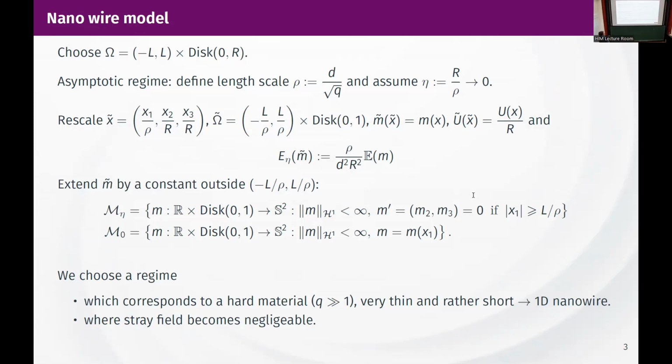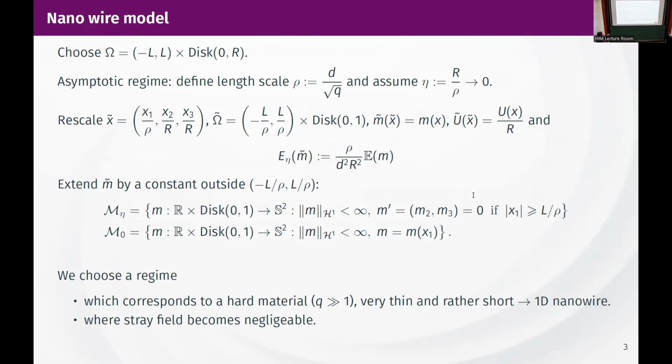So I will choose a regime where everything works, where I can do the analysis, and it corresponds to a high quality factor, exchange length, very thin and rather short. It's not very long, so it would be a line in the end, but it's a few nanometers, right? It's not too long, but in the end, I still get a nanowire.